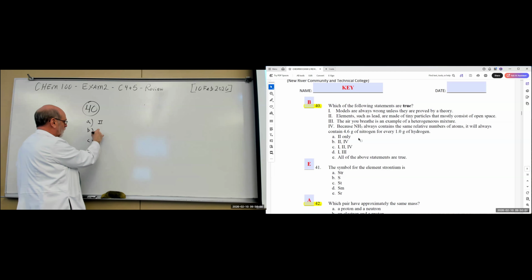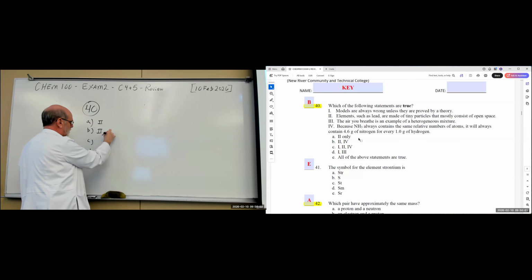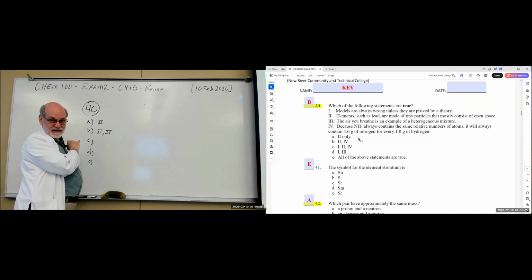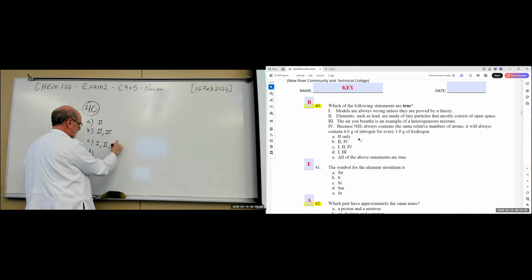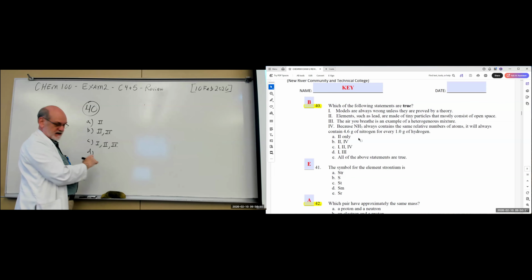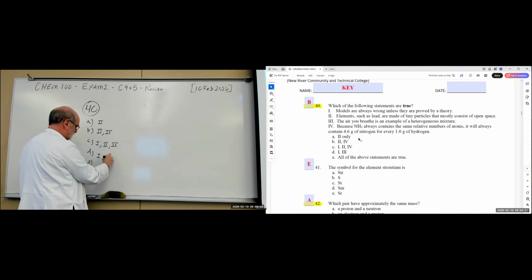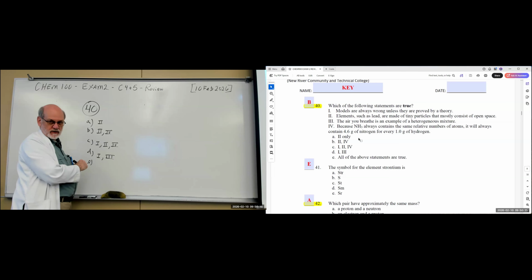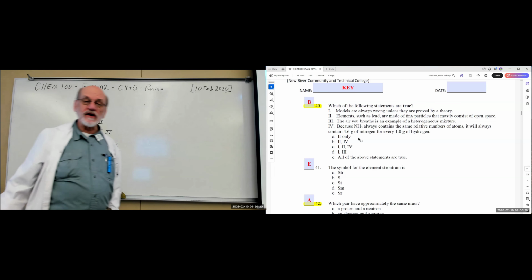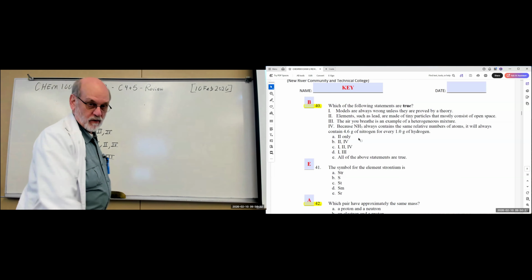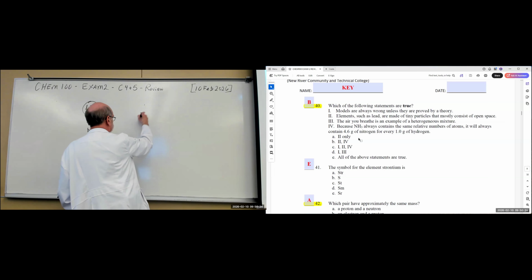B is 2 and 4. Okay, C is 1, 2, and 4. And D is 1 and 3. And the bottom one is all. All are true. Okay, what are our statements? All right, 1, 2, 3, and 4.